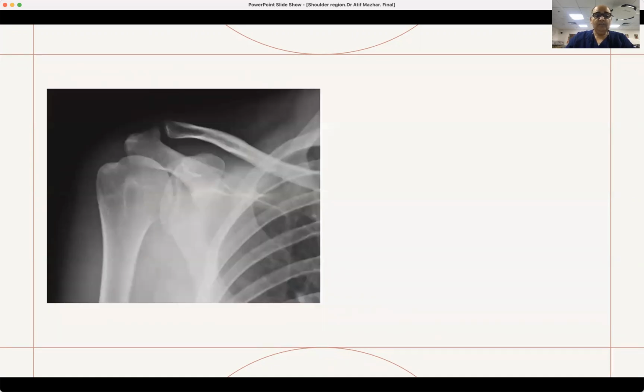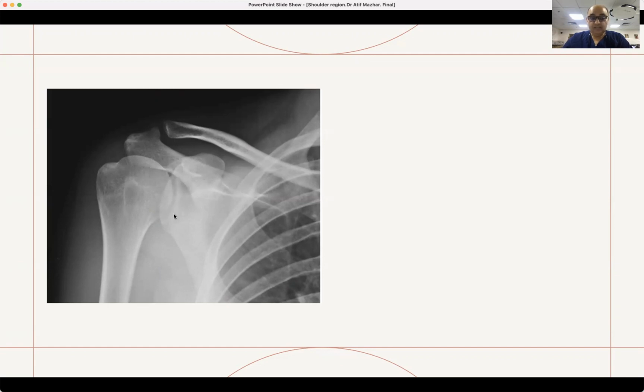Now, what we see here, guys, is an X-ray, the same X-ray which we have seen, and now we know these structures. Can you find any abnormal features? Any altered anatomical structure? How can we confirm that this humerus is well placed? Kindly focus here.